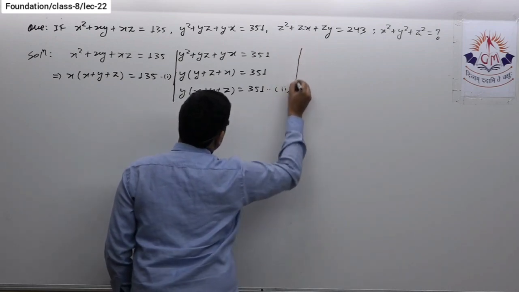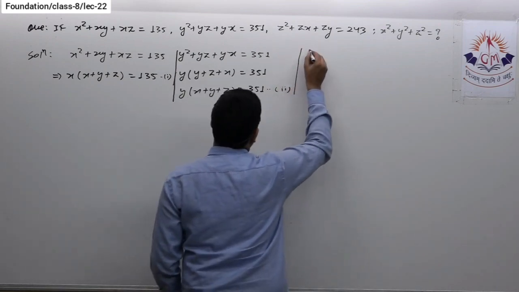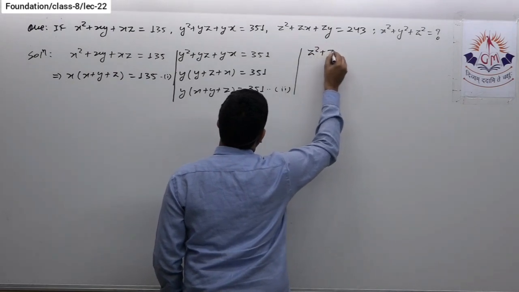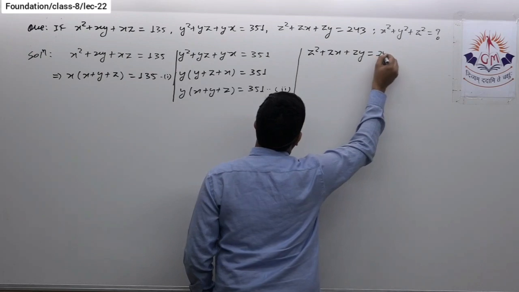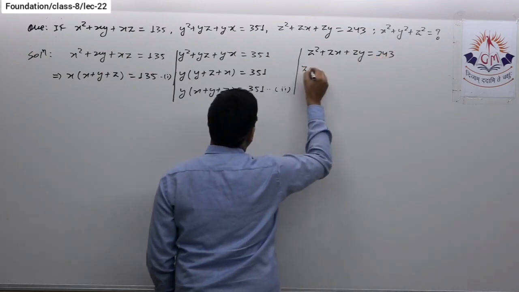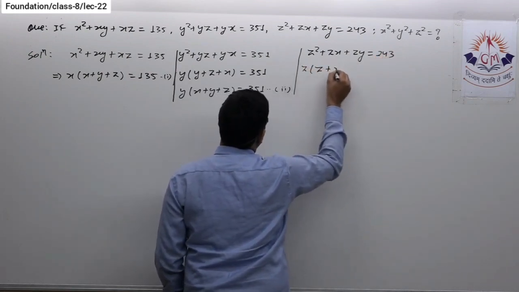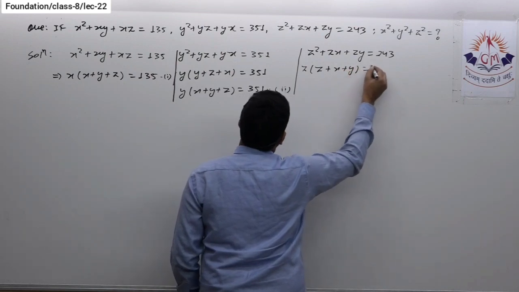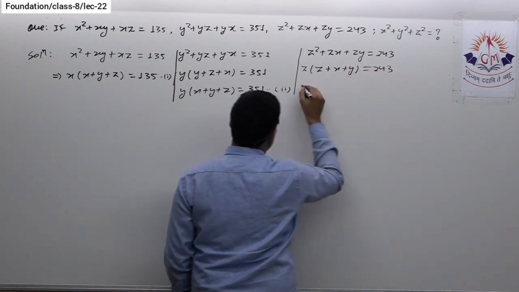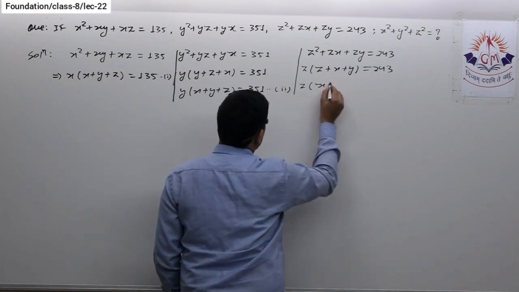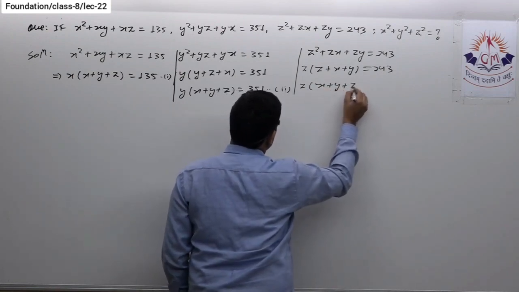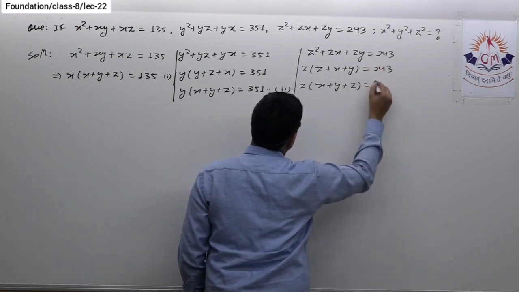In a similar way, if I simplify this third information, you can observe that z is common. If I take z common, I will get z times (z plus x plus y) is equal to 243, that is z times (x plus y plus z) is equal to 243.